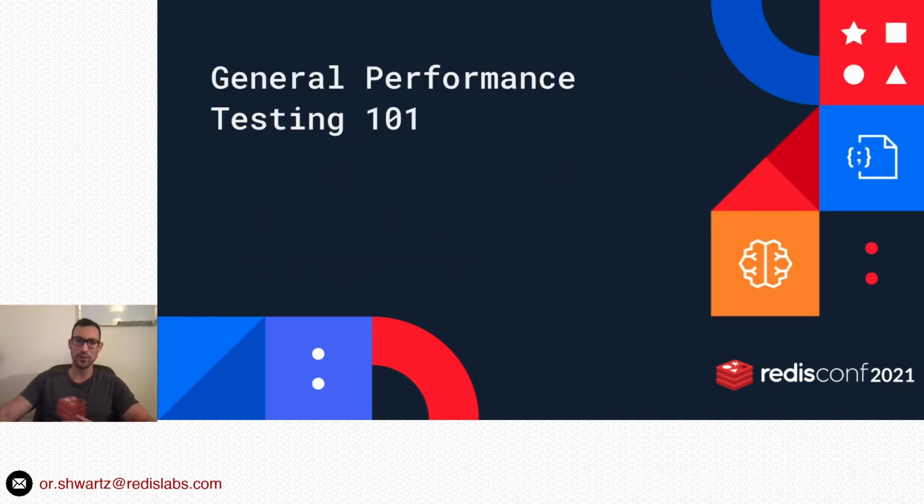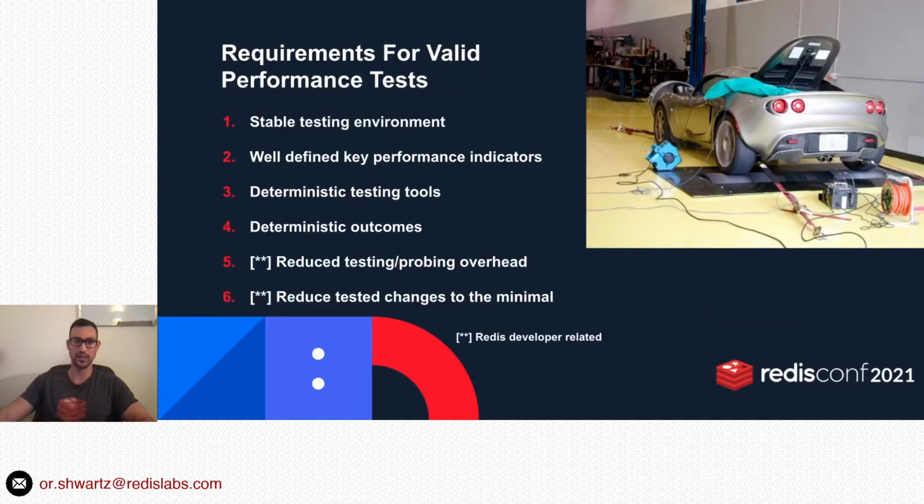So now that we know why we should care, let's briefly go over some general concepts around performance benchmarking. Now, it is easy to forget that performance benchmarks are eventually a type of test. And like any other testing scenario, you need to verify several things in order to conduct a valid test. So let's go over the list of things that you need to verify.